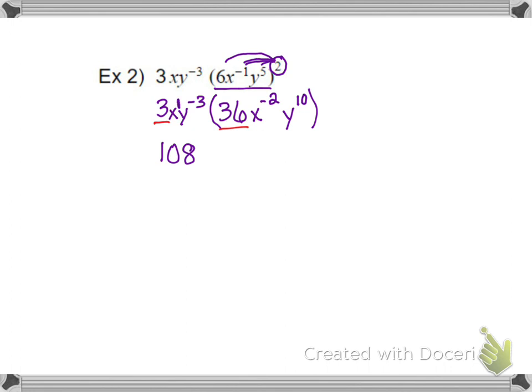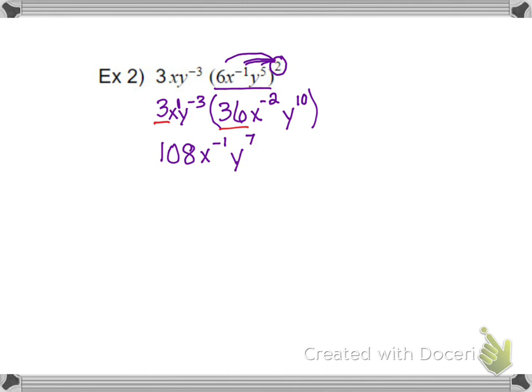So x to the first times x to the negative second. When you multiply, you add those exponents together, so you would get x to the negative first. Then y to the negative third times y to the 10th, you're going to add negative 3 plus 10, and you get y to the 7th. Okay, so now we've got those two multiplied together.